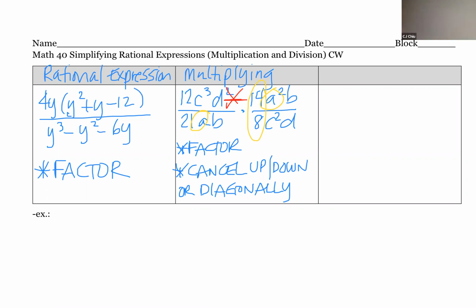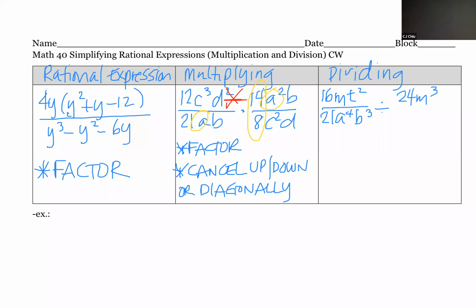Okay. So then when you divide, you get something like 16 m t squared over 21 a to the fourth b cubed on this side divided by 24m cubed over 7a squared b squared, okay?